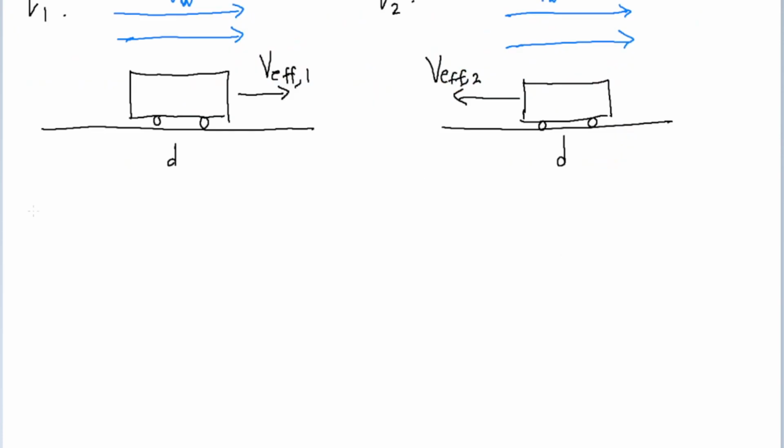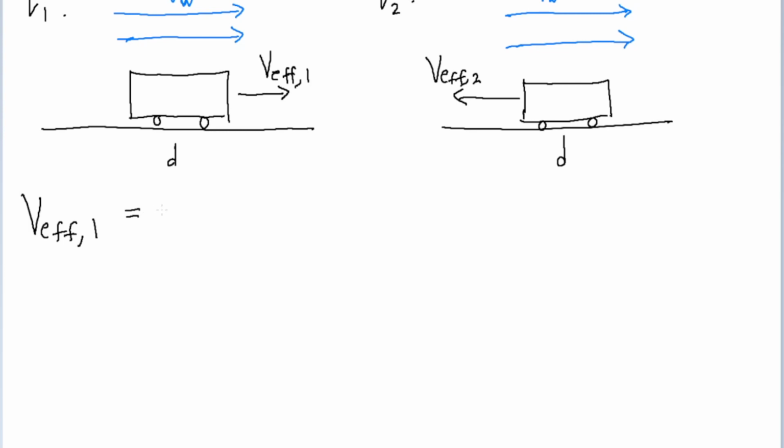Now to write this out more mathematically, again, when I say V effective, that's the sum of the wind speed plus whatever the car's windless speed would be. So in the t sub 1 situation, where the car is moving with the wind, again, the speed of the wind and whatever the windless speed of the car is are helping each other. They're pointing in the same direction. Those speeds are adding together.